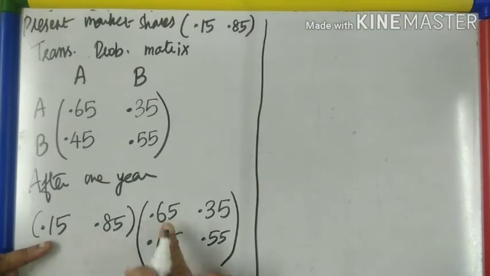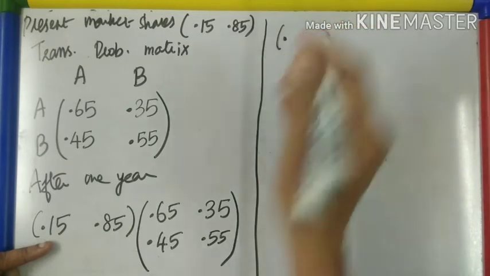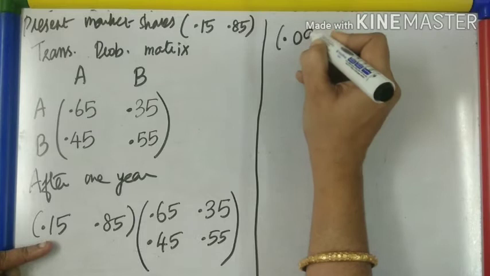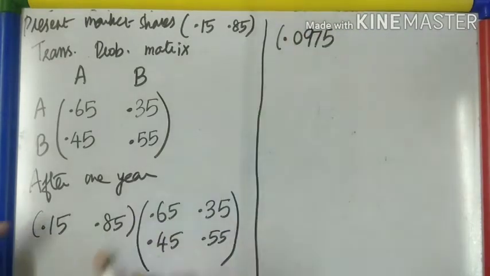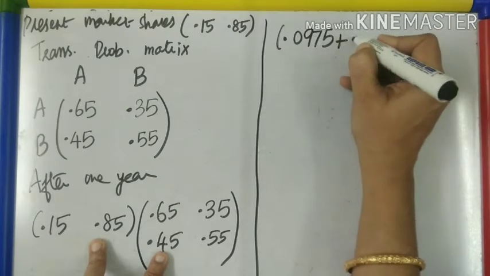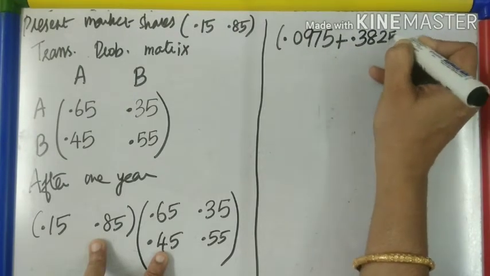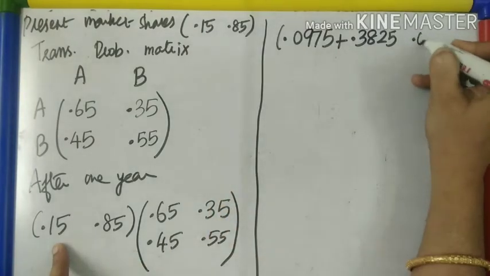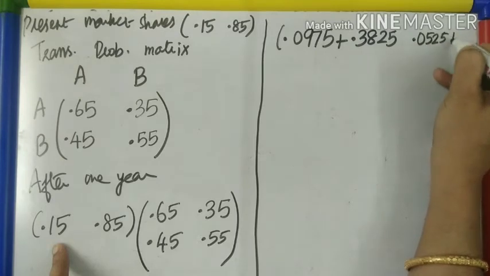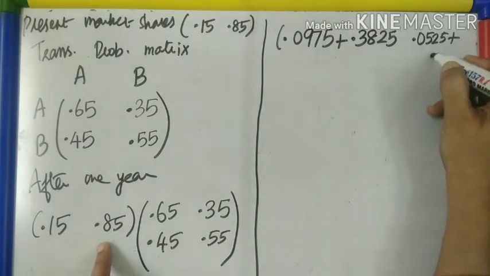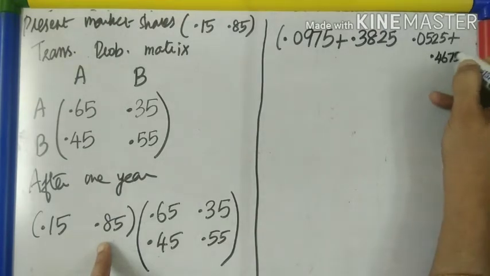0.15 into 0.65 is 0.0975. 0.85 into 0.45, 0.3825. Then first row by second column, 0.15 into 0.35, 0.0525 plus 0.85 into 0.55, 0.4675.